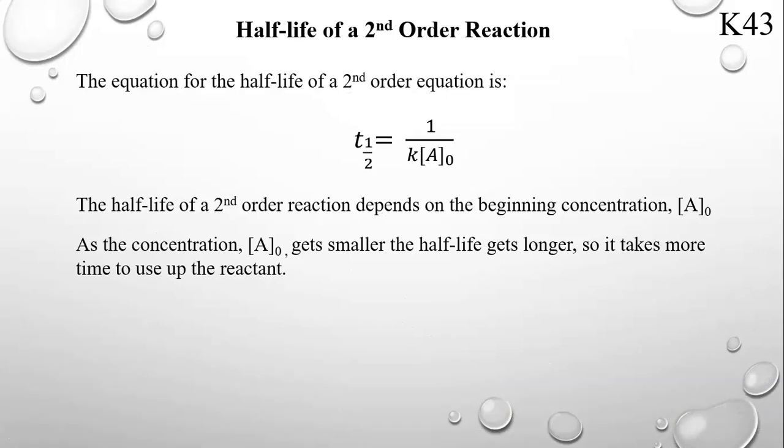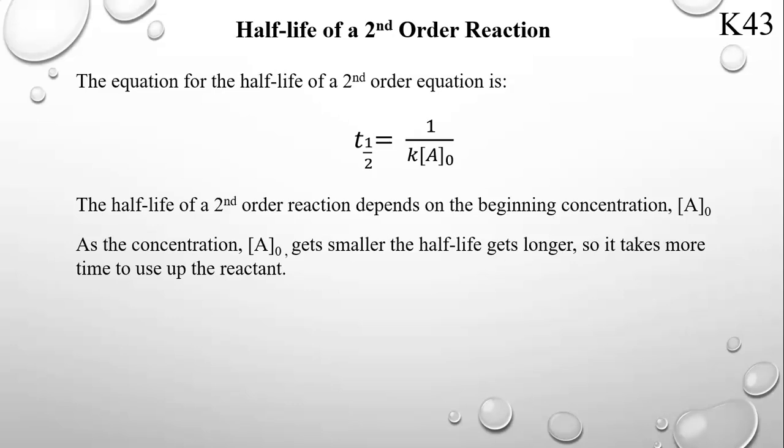Okay, and the equation for the half-life of a second order reaction is there. The half-life is 1 over the rate constant times the concentration. So that means the half-life, unlike a first order reaction where the half-life was always exactly the same amount of time, 1 minute, 1 minute, 1 minute, it's not going to be here. It's going to depend on the concentration.